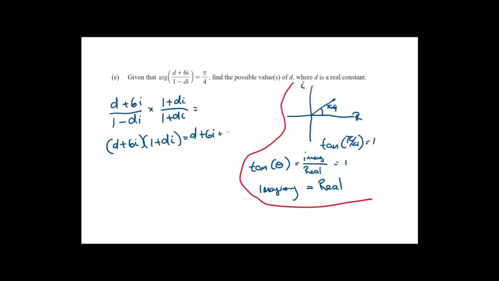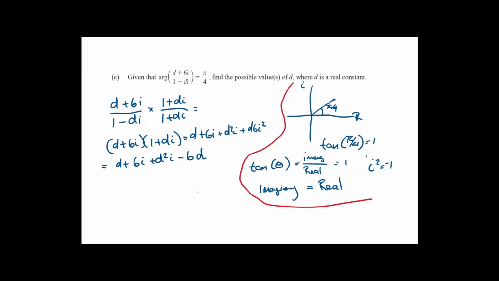It's going to be d times di is d squared i, plus 6i times di is 6d times i squared. And we know by definition that i squared equals minus 1, so the numerator is therefore going to be d plus 6i plus d squared i minus 6d.